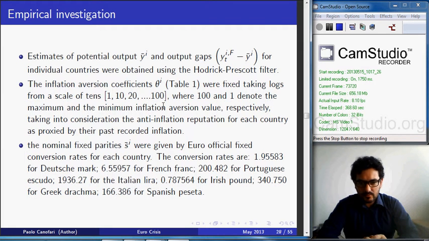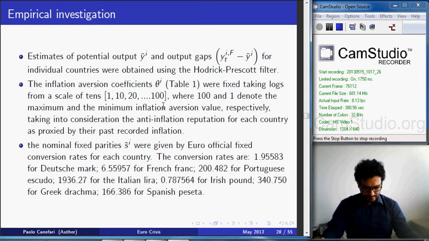This means that in order to rank countries according to their inflation aversion, we consider the CPI of these countries, the change in CPI over a long period, in order to have a sort of ranking of these countries according to their anti-inflation reputation.